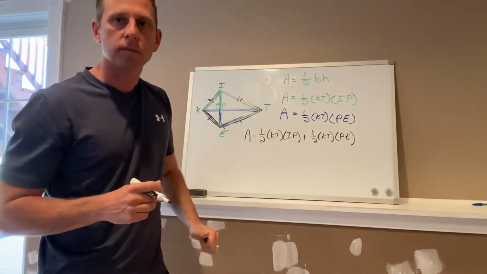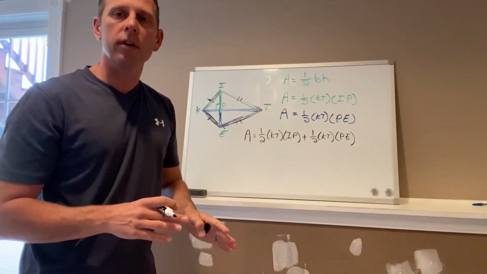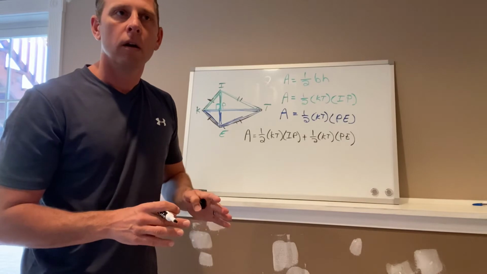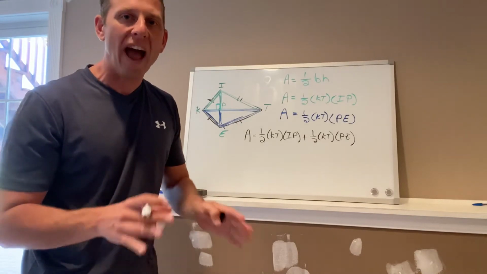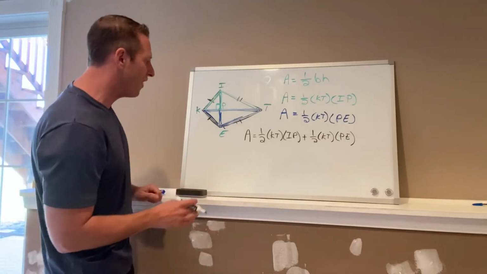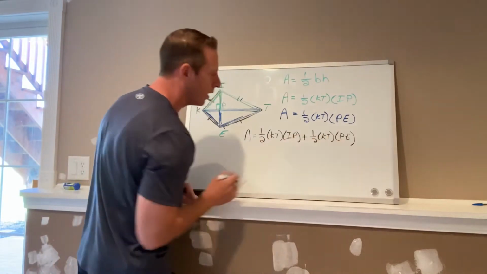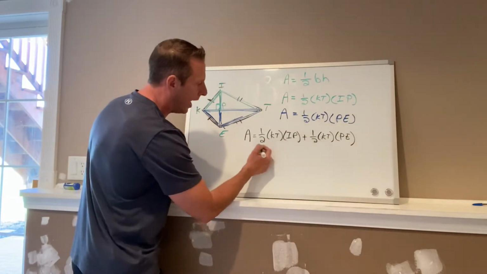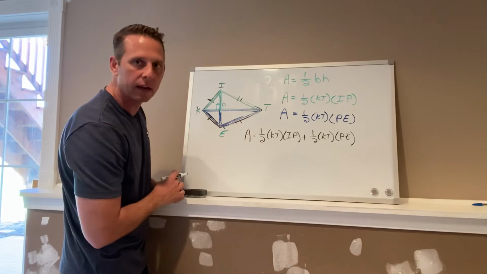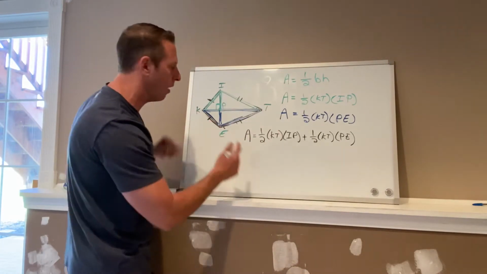Add them together. Now we're going to do something you learned last year, hopefully. Factoring. Common factors. Each one of those terms has a 1/2 KT in it. I'm going to take that out.